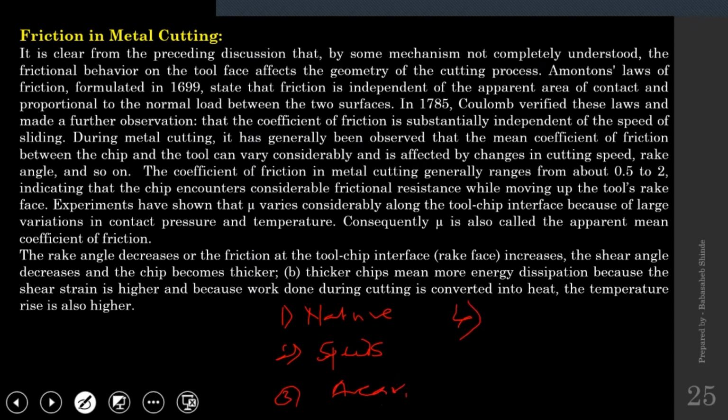Then the fourth one is normal force. Okay, these are the important ones. So it is dependent on the nature, whether it is metal, plastic, or leather, that is going to decide the coefficient of friction, right?